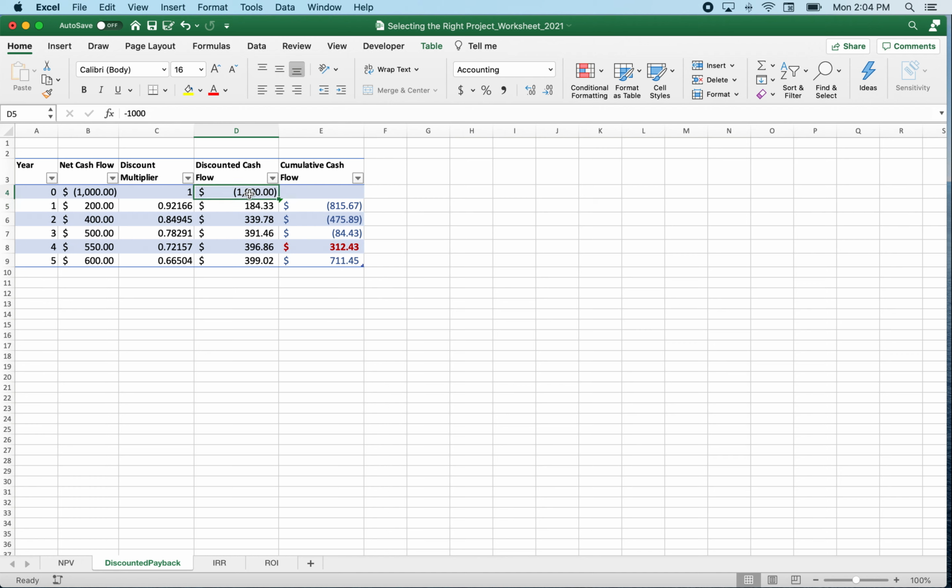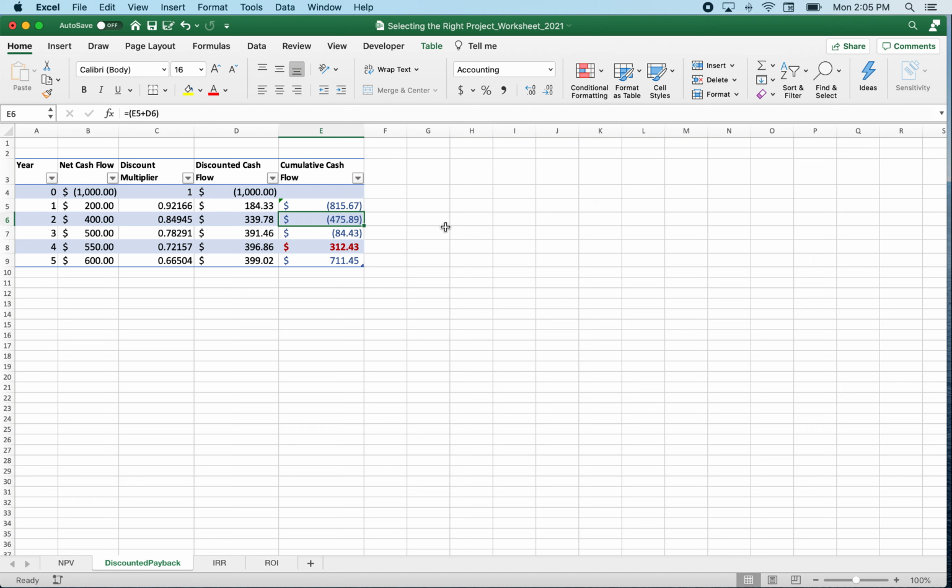And what we do then is we simply add the $184.33 to the $1,000 expenditure, and we've recouped $184.33. So right now we are still in the red, if you want to look at it that way, of $815.67. So after year 1, the project has returned an amount that has offset some of the costs.